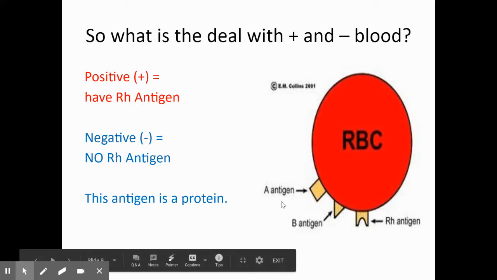We've already talked about if you have A antigens, you have type A blood. If you have B antigens, you have type B blood. Well, if you are positive, you have an extra antigen called Rh. If you are negative, that means your red blood cells don't have this. So this is just an extra antigen. Positive if you have it, negative if you don't.